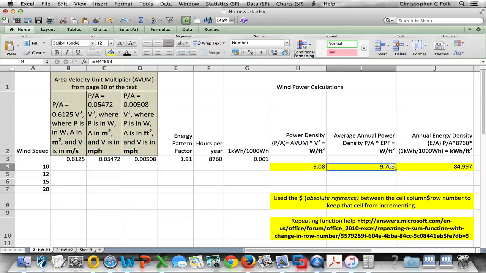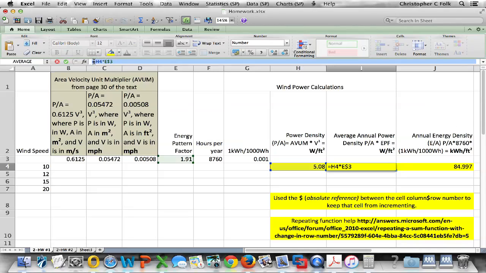Now in this column, I want to multiply my power density times my EPF. As I look at the formula, notice I have to use another absolute reference.